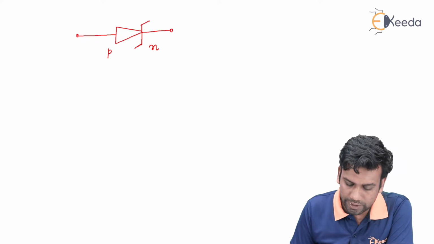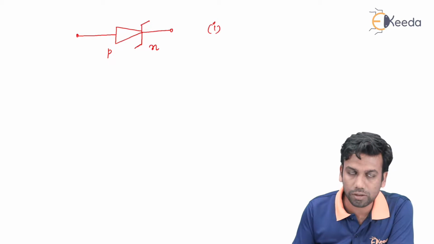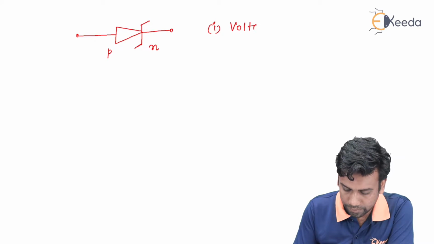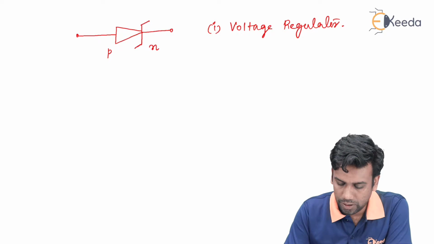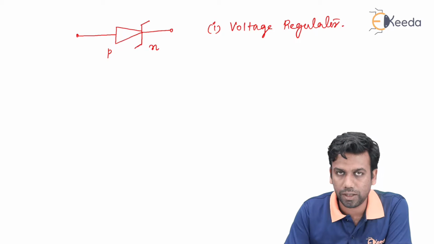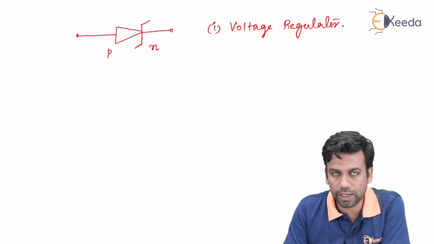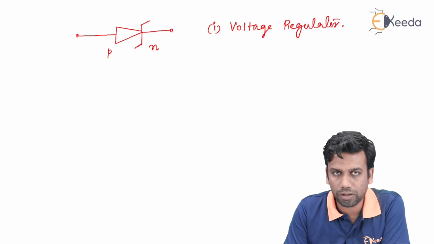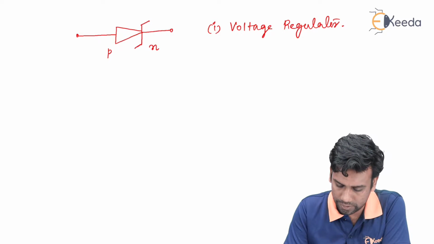Now if we see the applications of the Zener diode, generally it has a huge application as a voltage regulator. It means the Zener diode is used to regulate a voltage, and regulation of voltage means it will keep the output voltage constant in spite of changes in the input voltage or in the load resistance.